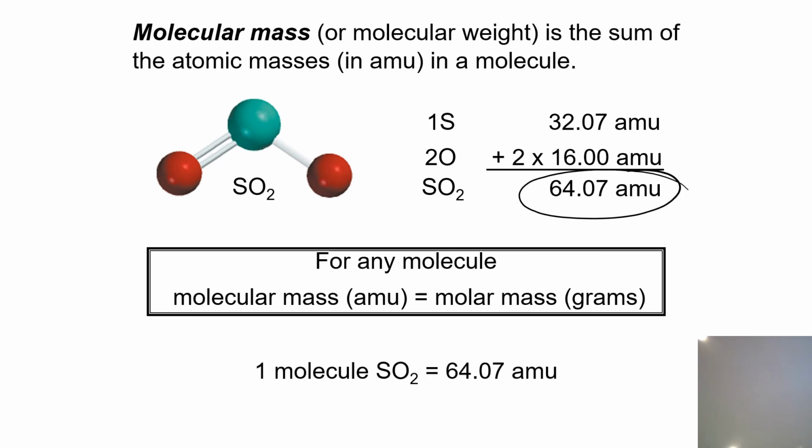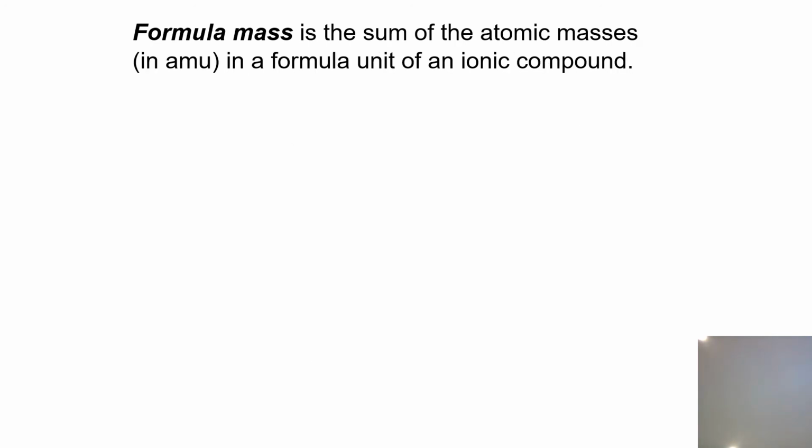So the molecular mass of one molecule of SO2 is 64.07 AMUs, and a mole, or Avogadro's number, of SO2 molecules has a mass of 64.07 grams. So the only difference, again, is the unit. The numerical value is the same.